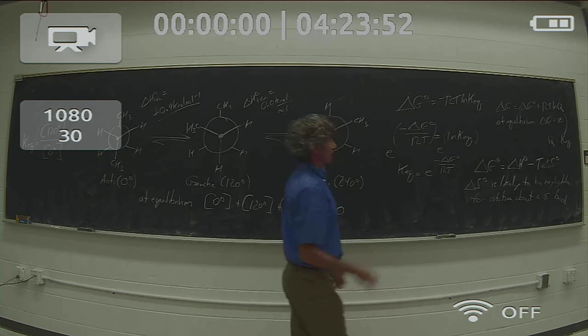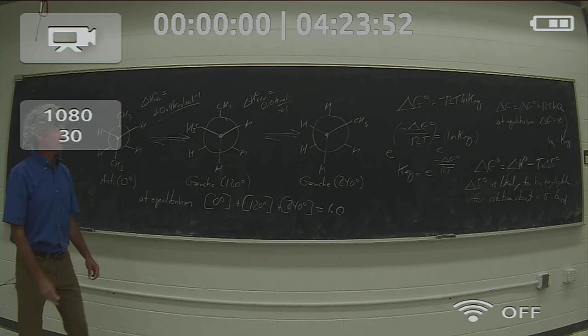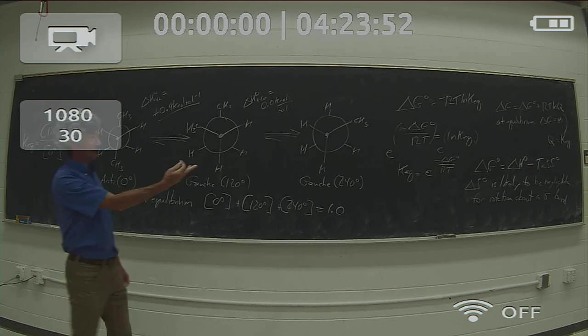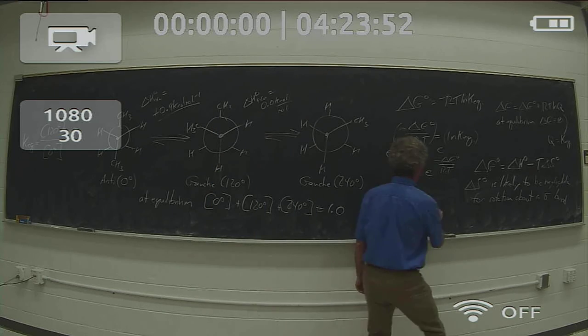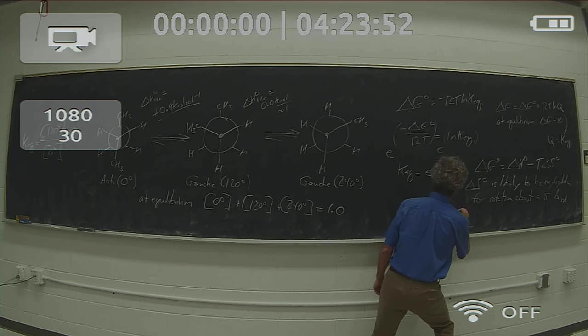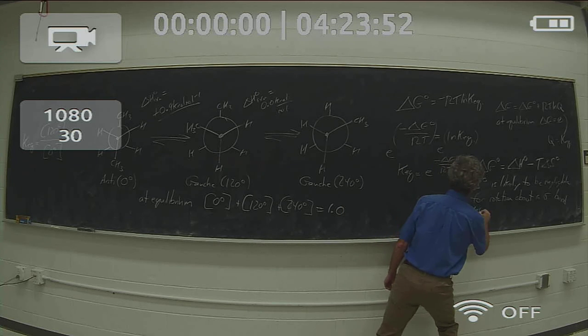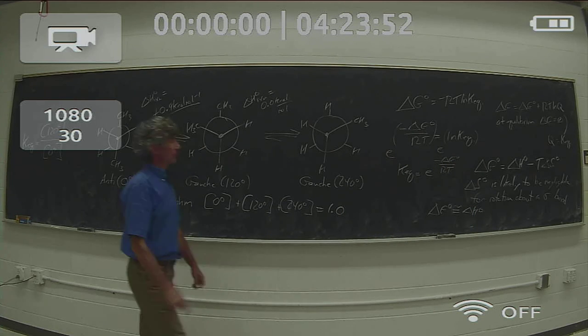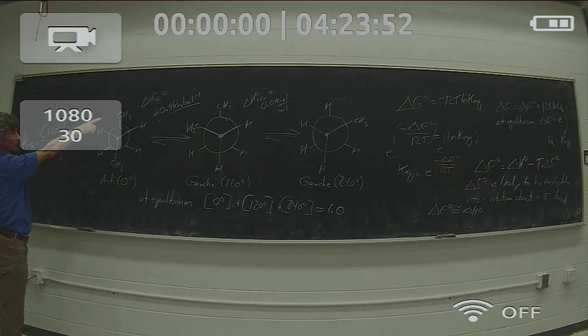If I make that assumption, the T delta S term will drop out, and I can say that delta G is approximately equal to delta H. And that will allow me to use this delta H value to calculate the equilibrium constant for this reaction. So I can now say that the equilibrium constant is also equal to e to the minus delta H0 over RT.